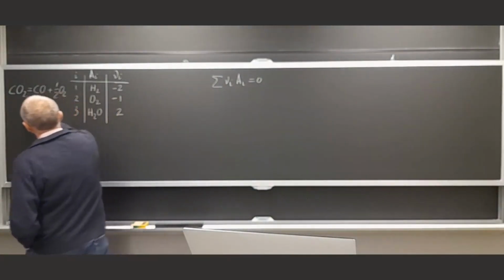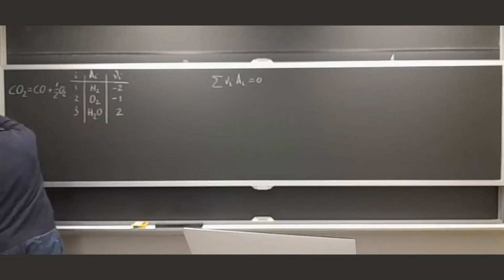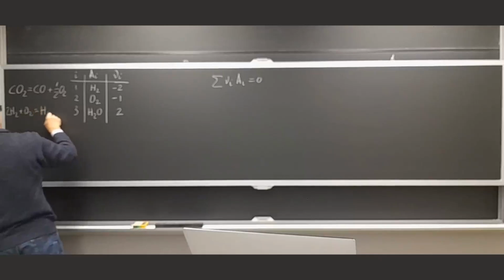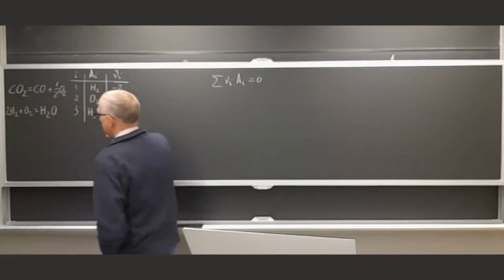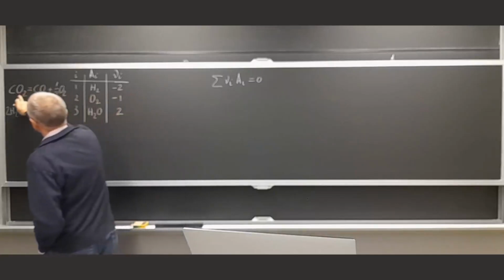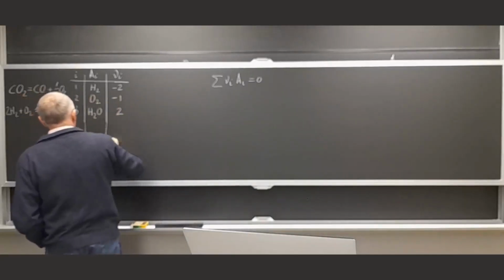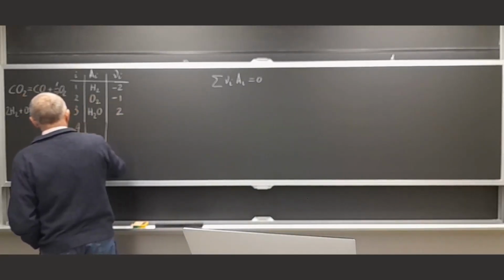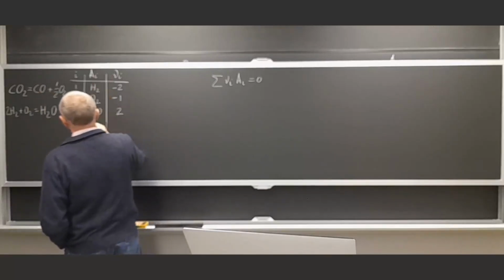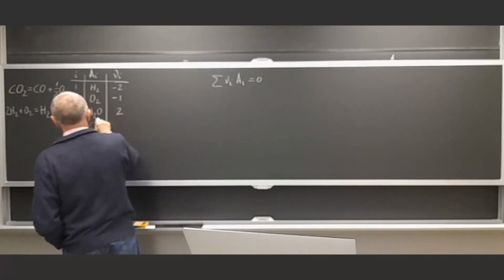If, together with my initial reaction, which is 2H2 plus O2 equals H2O, which we already represented in our list, we also have that one, we can keep going in our list of chemical species that are relevant to our problem.